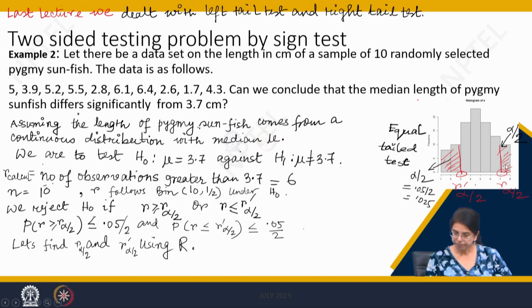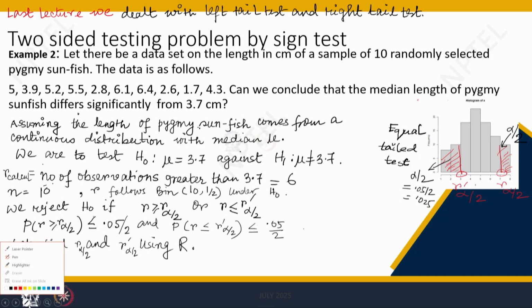Now you can see the picture. Here I have drawn one alpha by 2 and another alpha by 2. You have to figure out both r alpha by 2 and r prime alpha by 2. One is from the right hand side and another is from the left hand side, and you know the probability structure to figure it out.